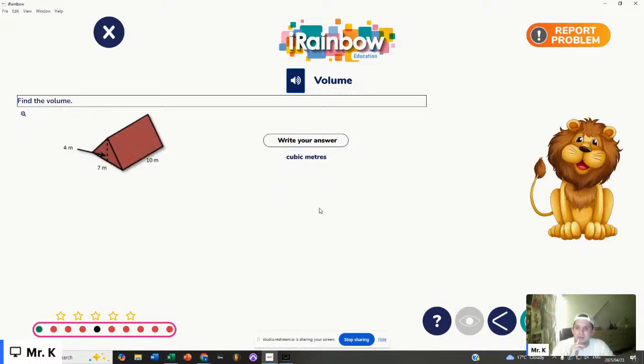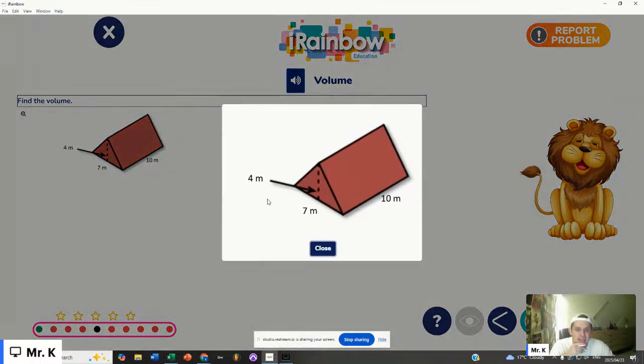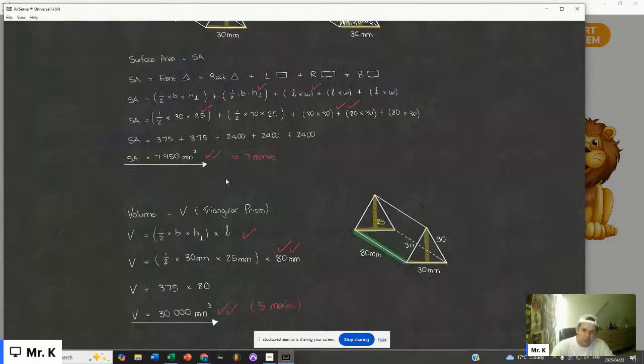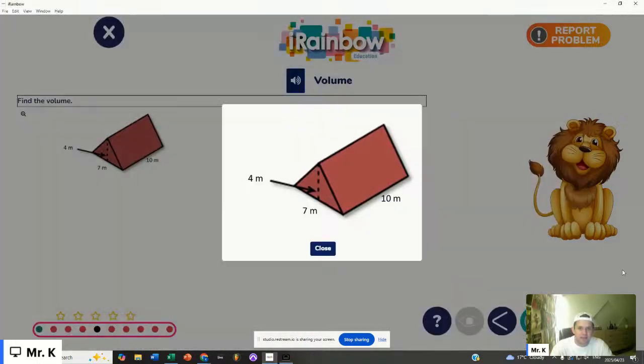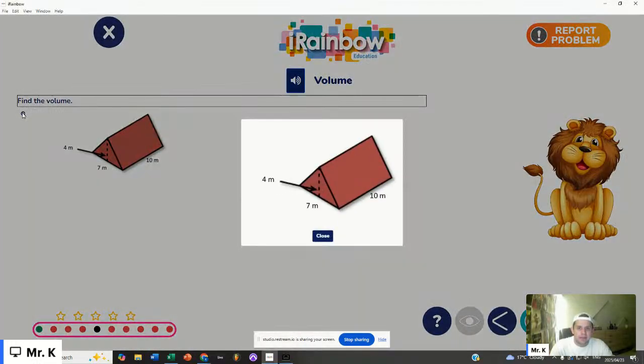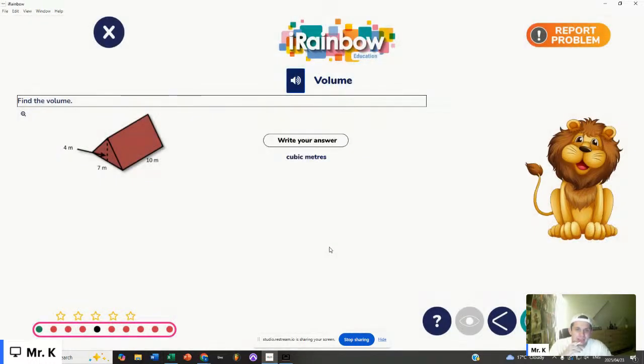The most difficult examples in this quiz are going to be these grade sevens, the volume of triangular prisms, which we've discussed in depth. Remember, I have given you the volume formula for this kind of prism, and you're going to have to use it to find the correct answer.